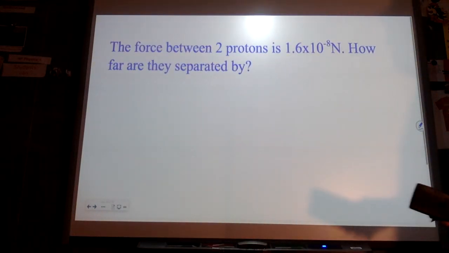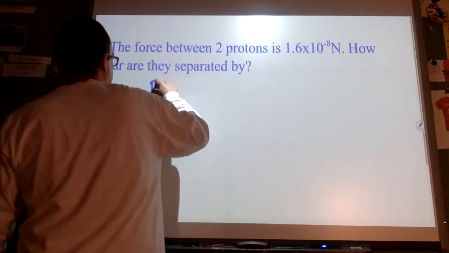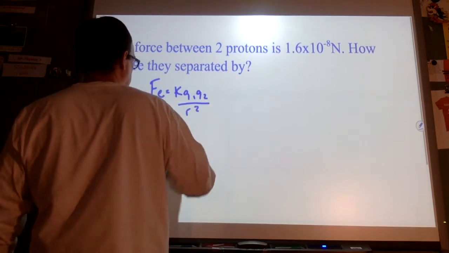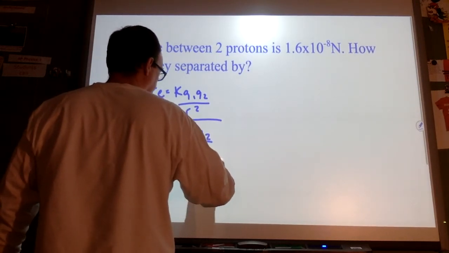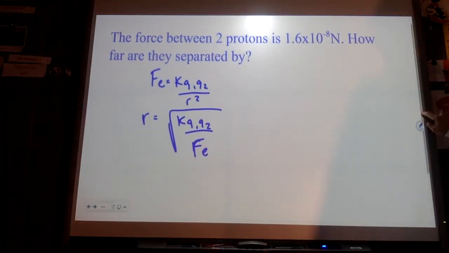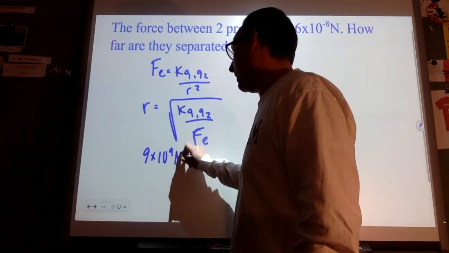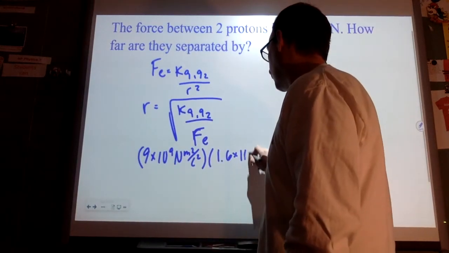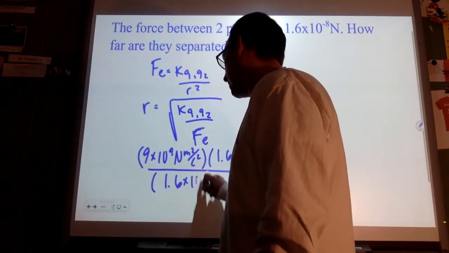All right. What about if I need to get the radius? So now I have the force between two protons. I want to know how far they're separated. So I'm going to take my original equation and move it around. And then I'm going to plug in what I know. So I'm going to have 9 times 10 to the 9th newtons meters squared per coulomb squared. I'm going to have the charge magnitude of a proton squared, and the force they're giving us between it.